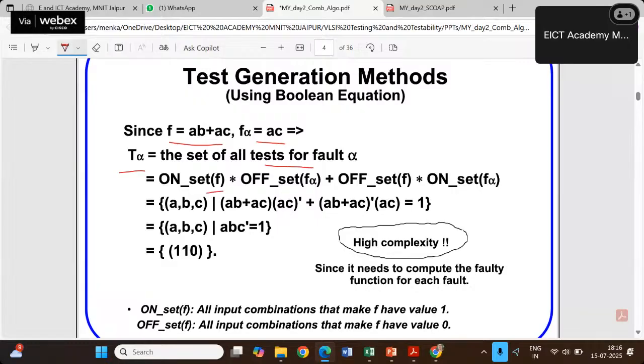Onset of f ANDed with offset of f alpha, plus offset of f ANDed with onset of f alpha. In other words, this is f XOR f alpha. So let us find out f XOR f alpha. f was AB plus AC.